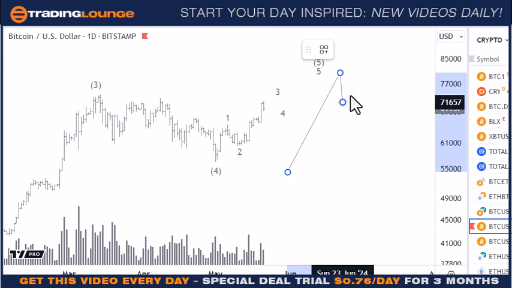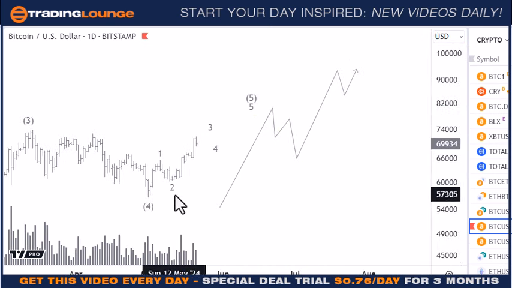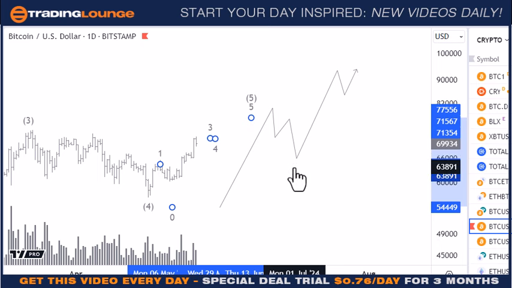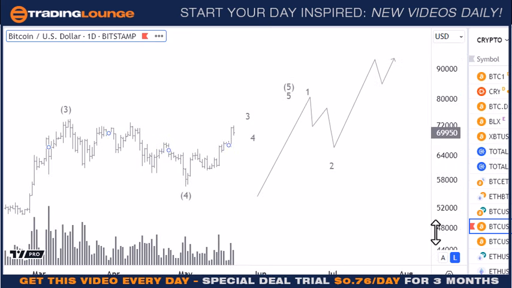It's also possible to have this as just wave 1 and 2, 3, 4, and can I get that up there? Doesn't want to go up there, but that means that this becomes wave 2 here, and this becomes wave 1 here. So there's that case, because this is the story that we're also looking at with the Nasdaq in terms of 1 and 2 here. Now I also want to talk about this wave 4 here.